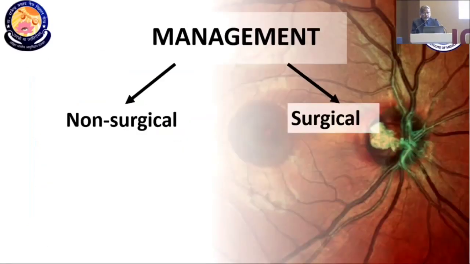As far as management of optic disc pit is concerned, there is non-surgical and surgical. Although this is rare, the identification of optic disc pit and the follow-up for the development of maculopathy and neurosensory detachment is very important.